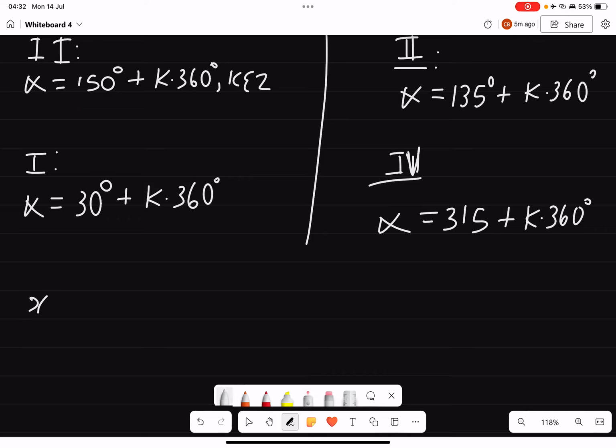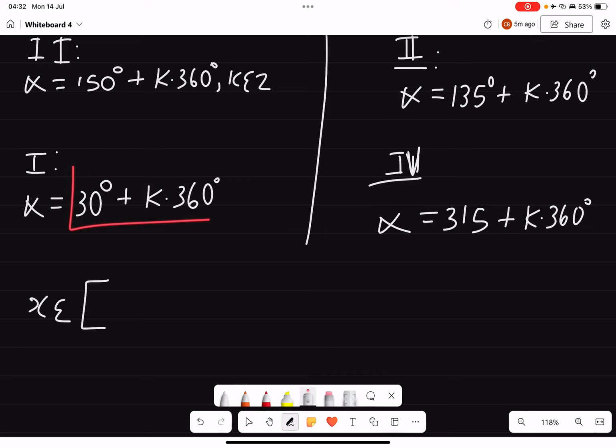For example, k equals negative 2 gives me negative 570, which doesn't work. So I'll say negative 1, and keep on increasing by 1. It gives me negative 210, which is outside the interval. Then 0 gives me 150, which doesn't work because it goes outside the interval.